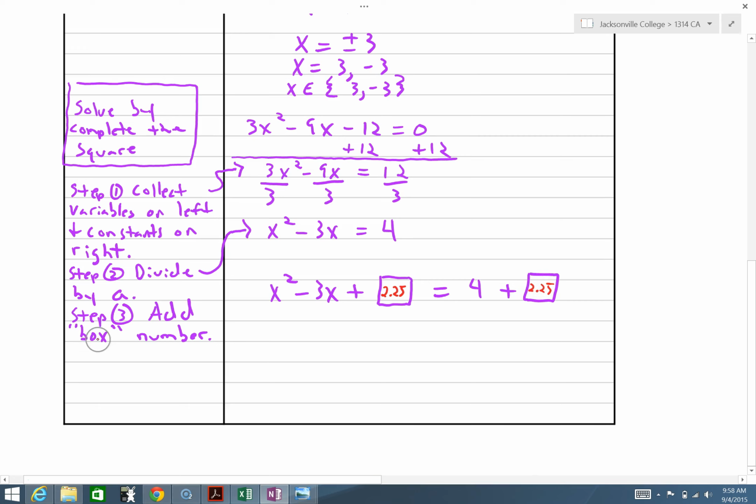This box number is equal to 1/2 of our B number squared. This is B. Half of -3 is -1.5. Negative 1.5 quantity squared is 2.25.